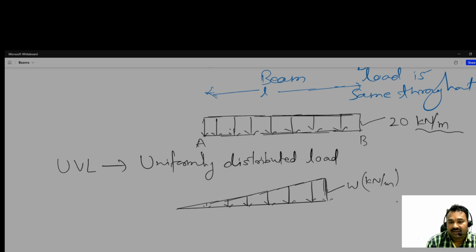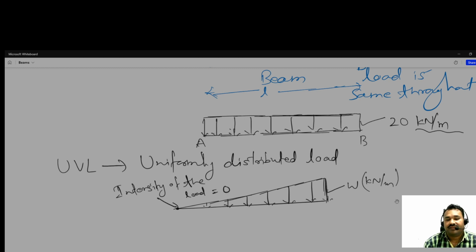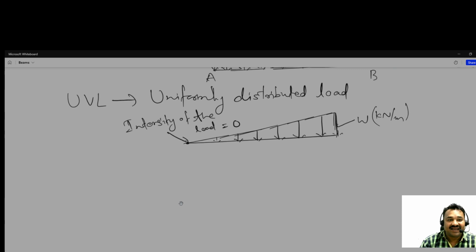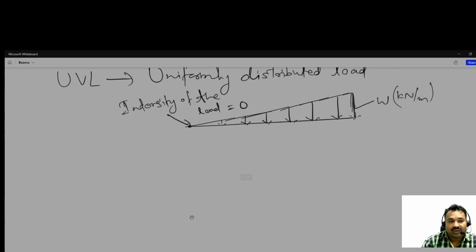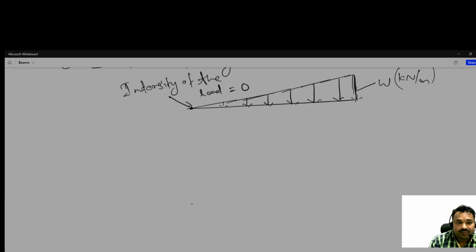This height is the maximum intensity. Here the intensity of the load is 0. So see here, gradually it is increasing. So this is about UDL and UVL.